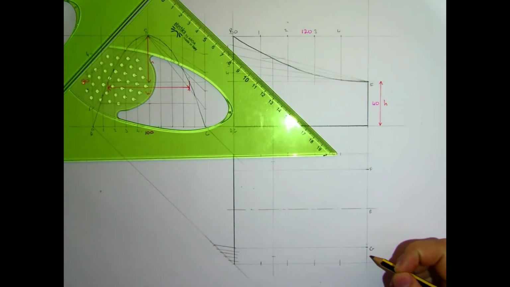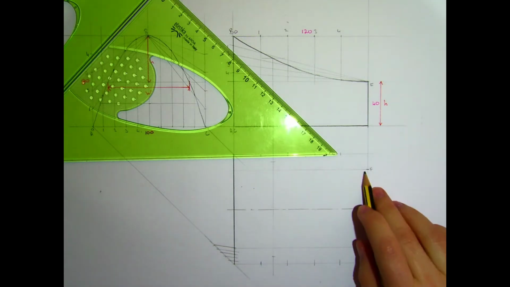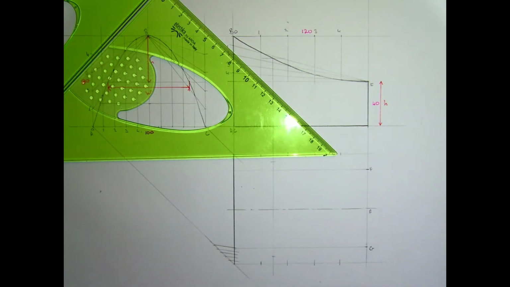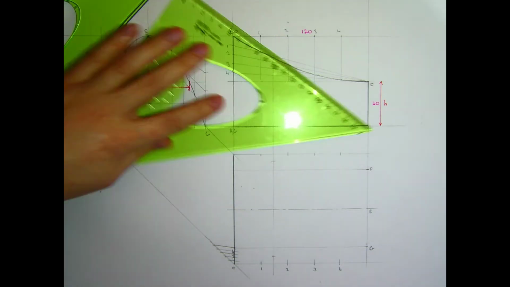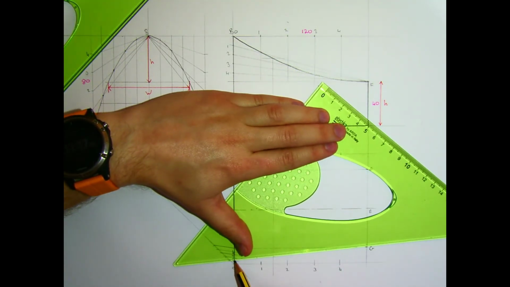So point G is the vertex over here. These lines here on this side shall join to V, or to G, and these ones shall join to F. So I'm going to label the points first. 0, furthest away from the vertex, 1, 2, 3, 4, and I got 1, 2, 3, and 4 here also. So the ones on this side, as I said, join to the vertex, the near one.